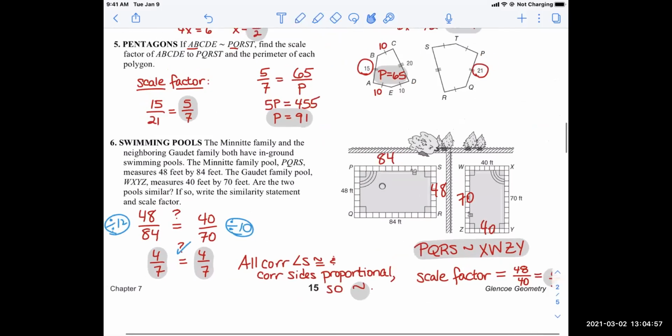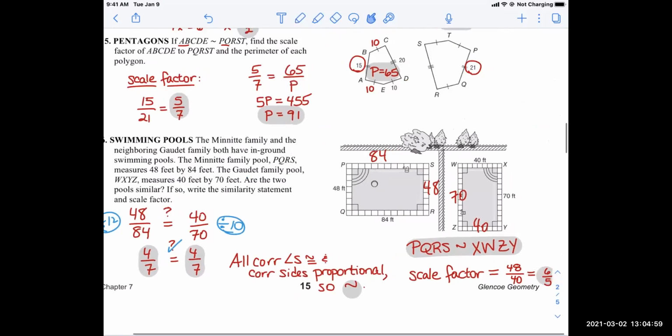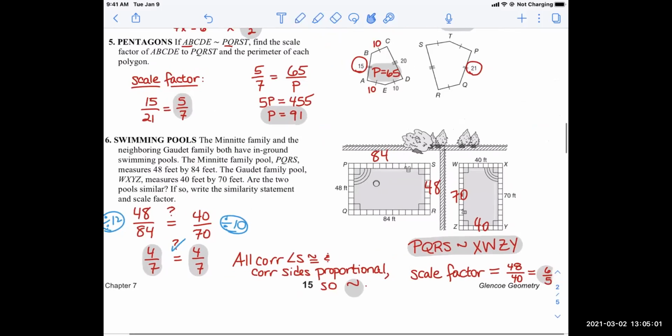Now on the next one here, you can figure out that the scale factor is 5 to 7 because the side lengths that you are given are 15 and 21. Now, this is something that we didn't talk about, but we need to.